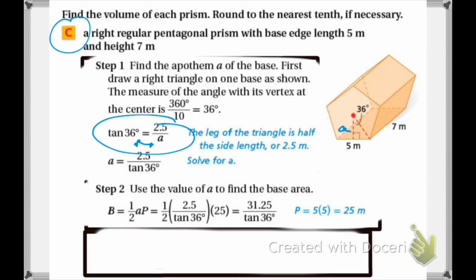Just so you guys know, in the book they didn't actually get a number. And P is the perimeter of the base, so the number of sides times side length, which is 25. When you plug this all into your calculator, that will give you the area of the base.